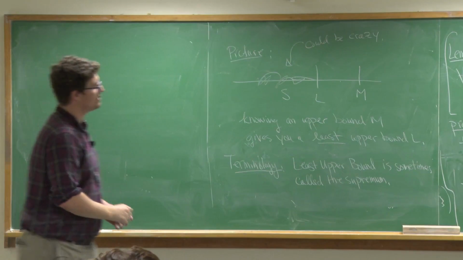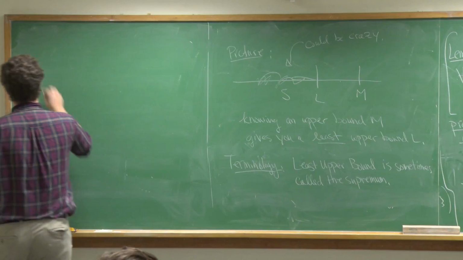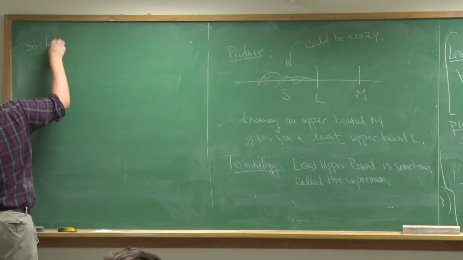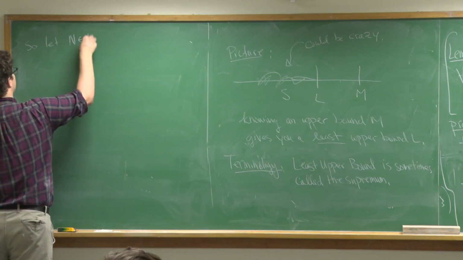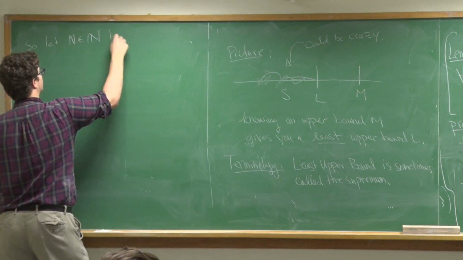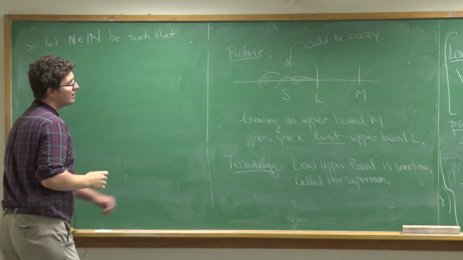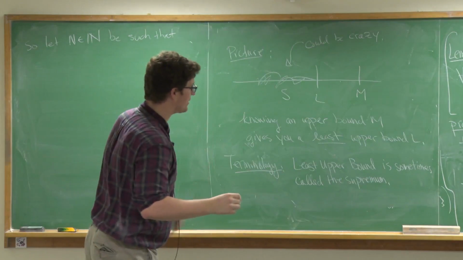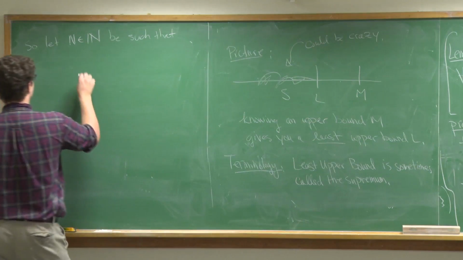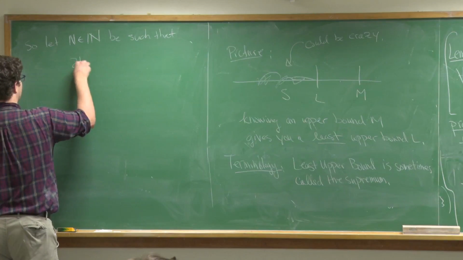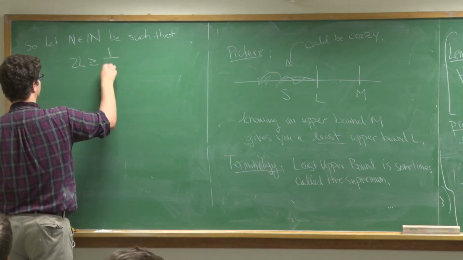All right. So let L be such that, since there exists one, 2L is greater than or equal to 1 over n.